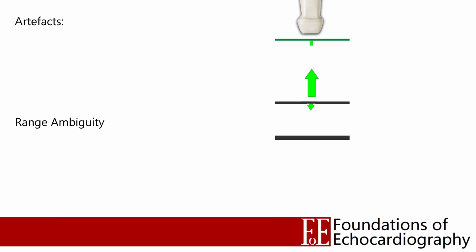So far, so simple. Now, what happens if we have energy that passes through the first line, is reflected from the second line, comes back up and hits the underside of the first line, is reflected back down to the second line, and then is reflected off the second line back into the probe. That energy has then travelled 12 cm to the second line, 2 cm up to the first line, 2 cm back down to the second line, and 12 cm back to the probe.